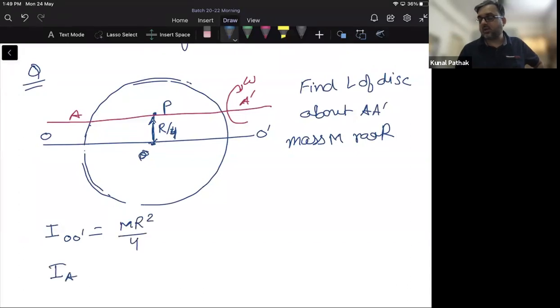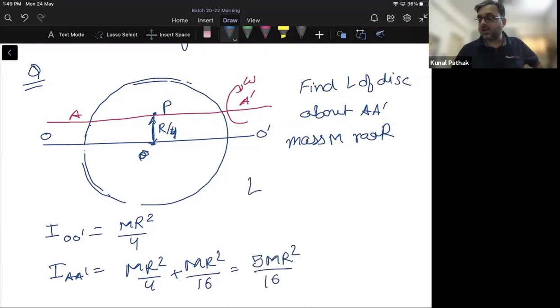So I about A dash is equal to mr square by 4 plus mr square by 16, which is 5 mr square by 16. Therefore, the angular momentum is 5 mr square by 16.